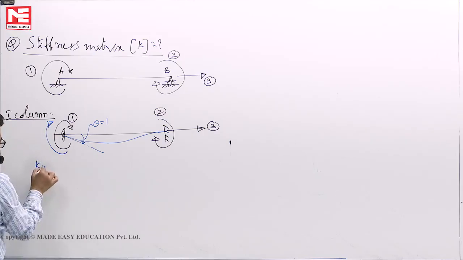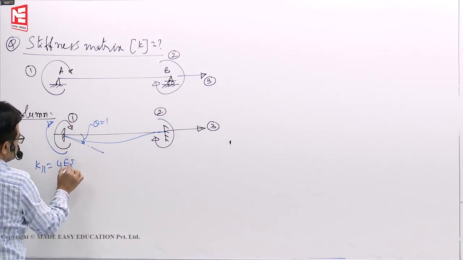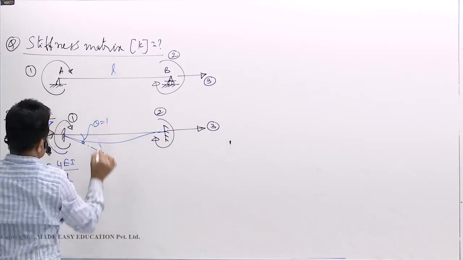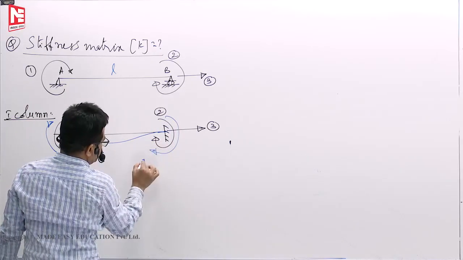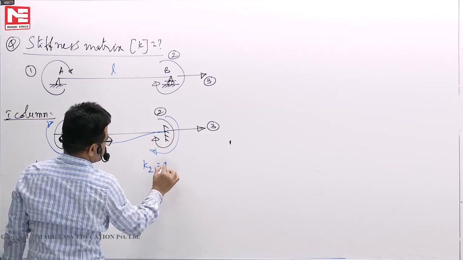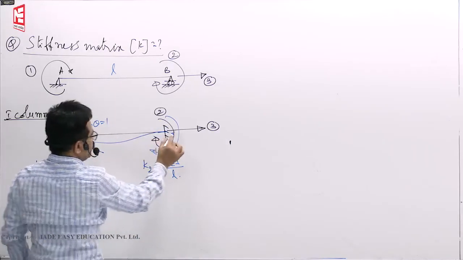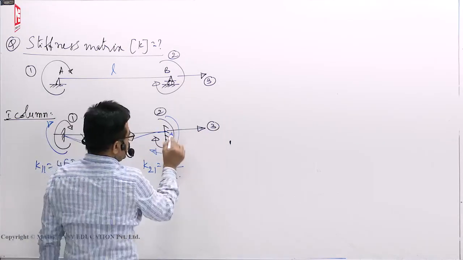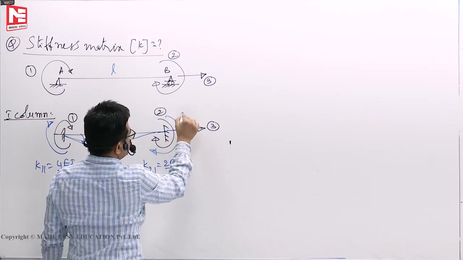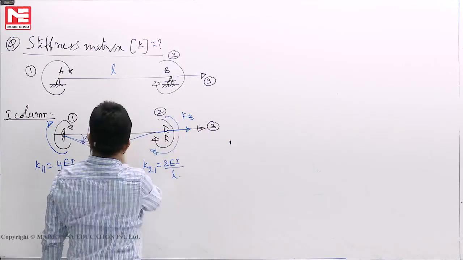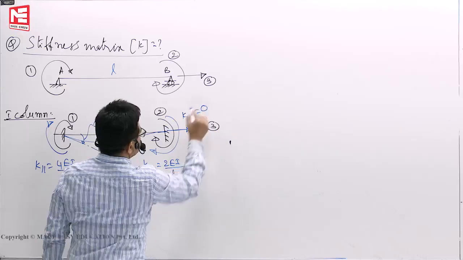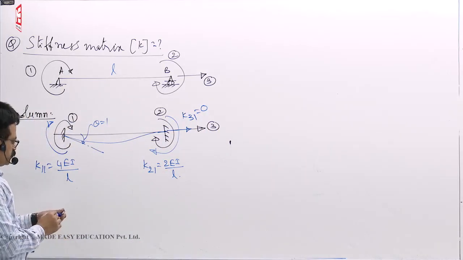For this, K11 we know is 4EI by L, length span. Then the carryover moment, we know the force at 2 because of 1 is 2EI by L. When you rotate, this will not elongate, so the force at 3 because of rotation is 0, K31 is 0.